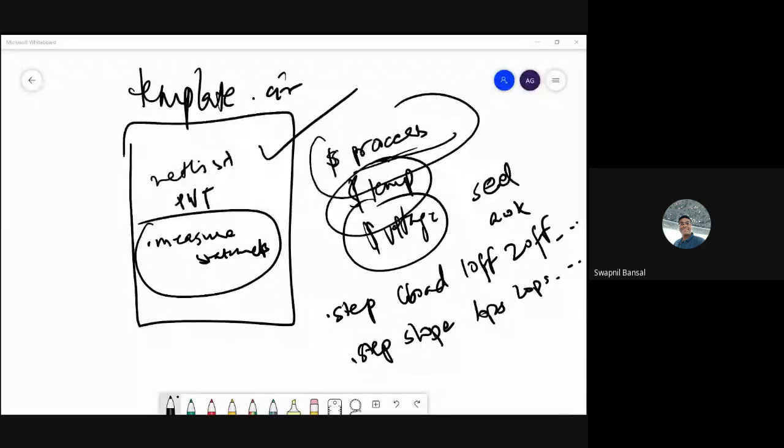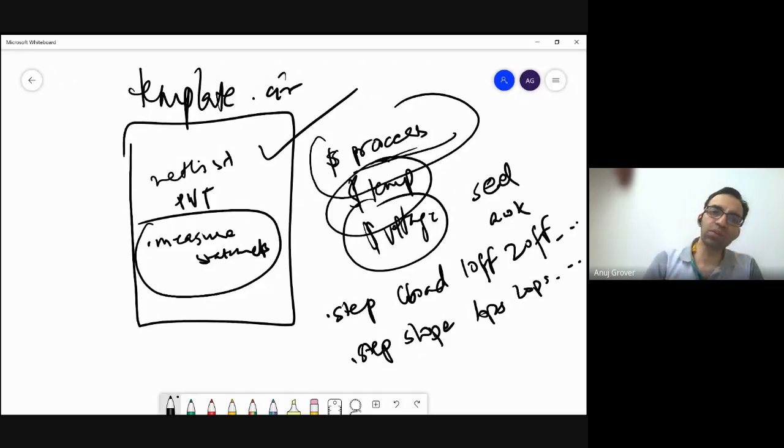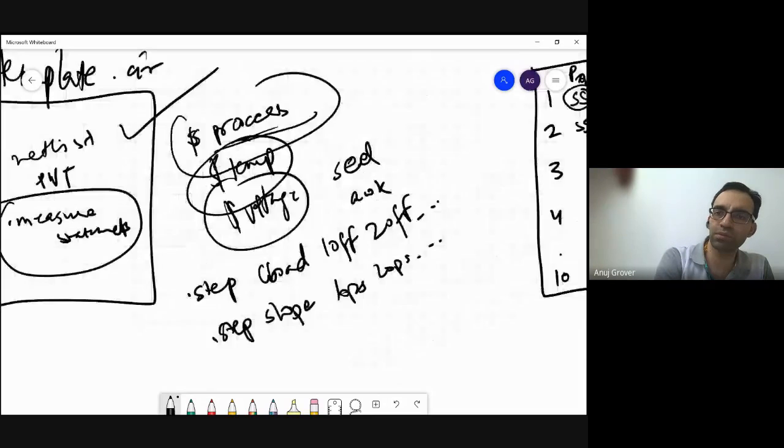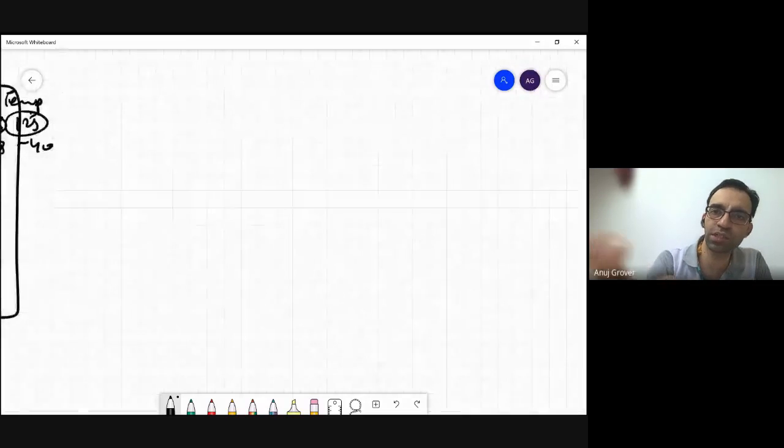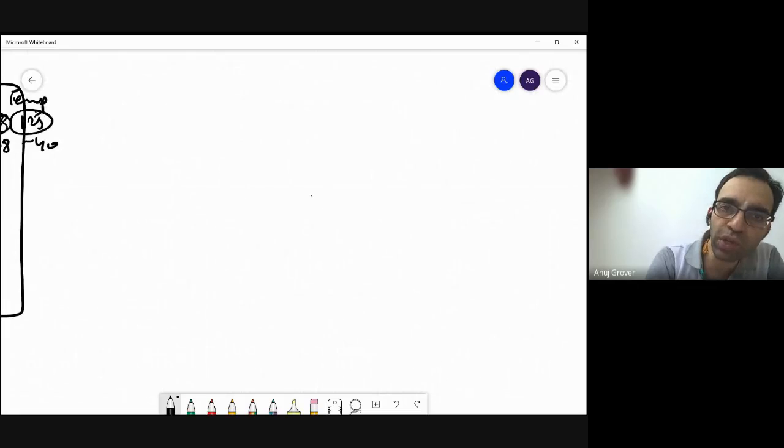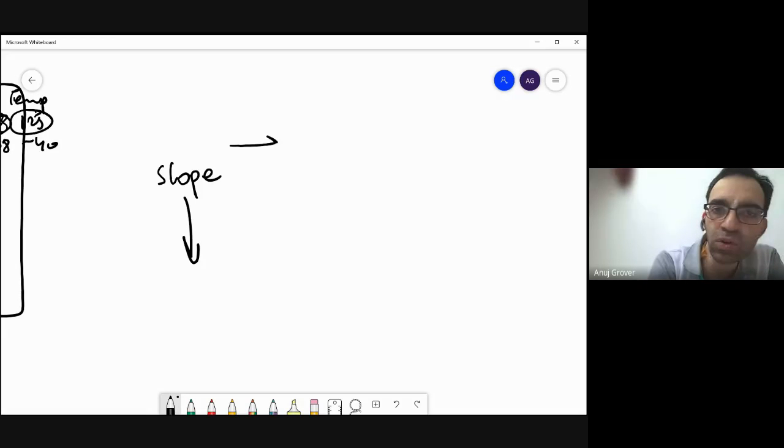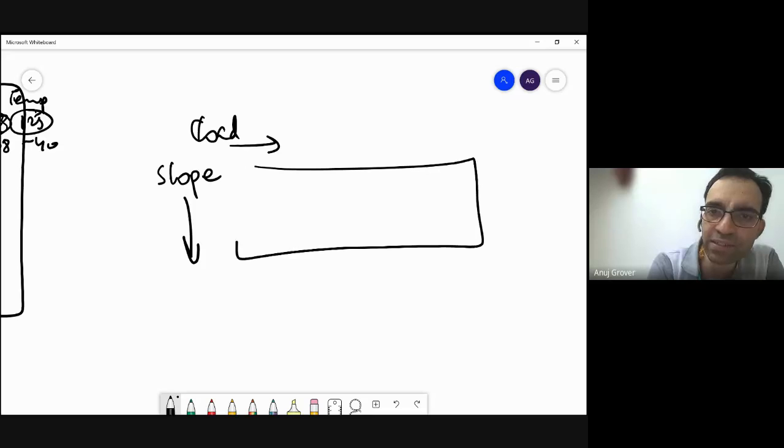So what we typically look for is, for example, let me go here. What you can do is you can make 3 files or 10 files, so to say, or you don't even need 10 files. In one XLS file you can have 10 sheets, and you can say that slope is varying like this, C load is varying like this, and you will have a matrix.